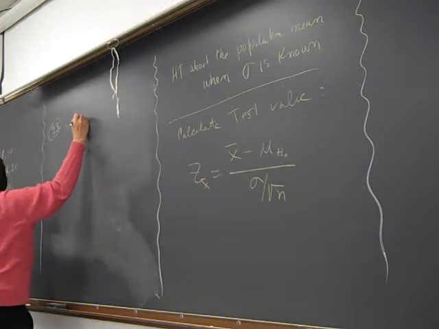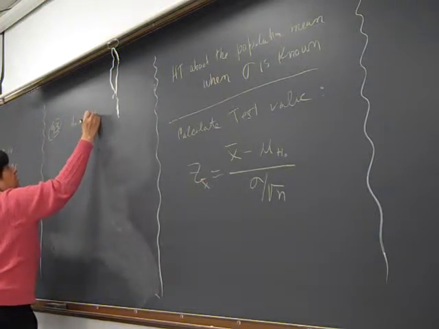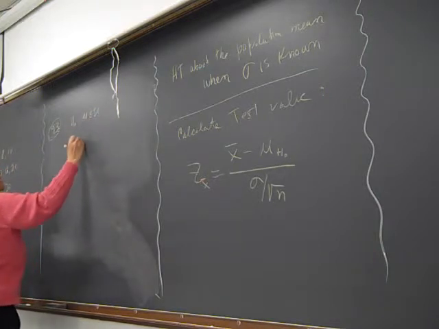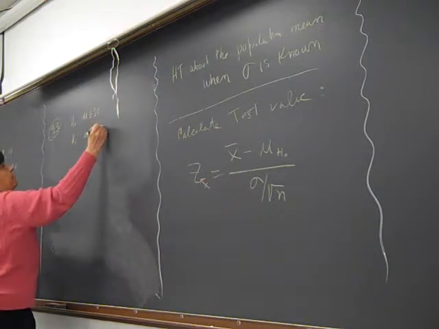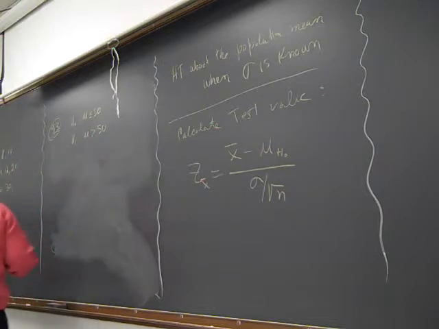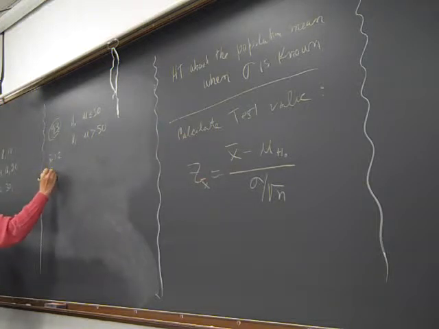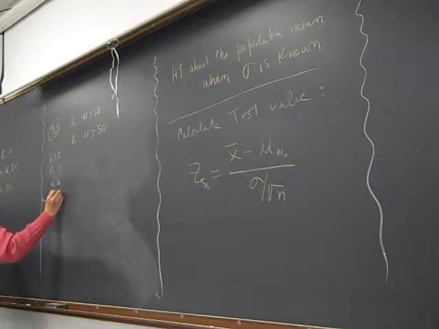The null hypothesis, mu is less or equal than 50, and the alternative, mu is greater than 50. And we have X bar is equal to 52. Sigma, the standard deviation of the population, is 12. The sample size is equal to 36. And of course, my alpha is 0.05. Okay?